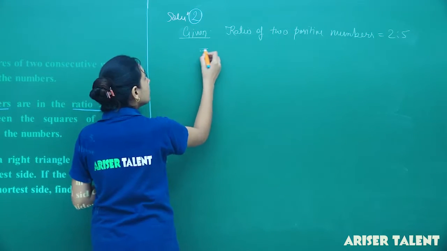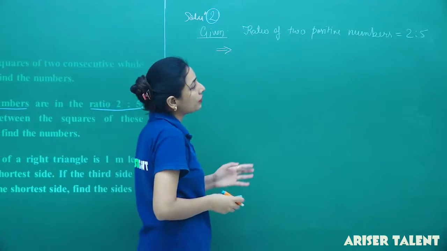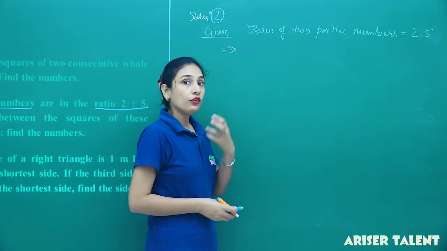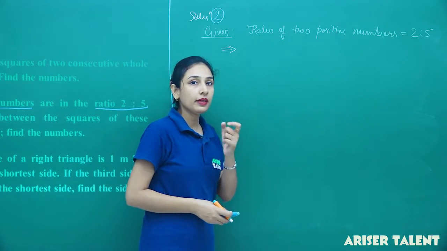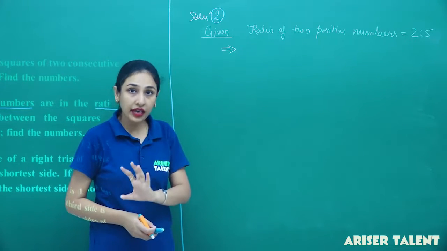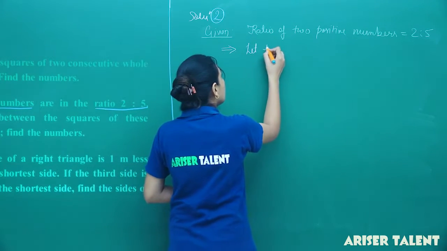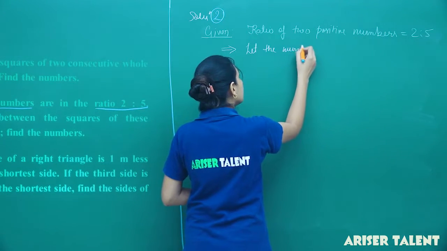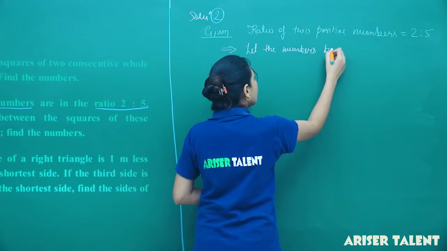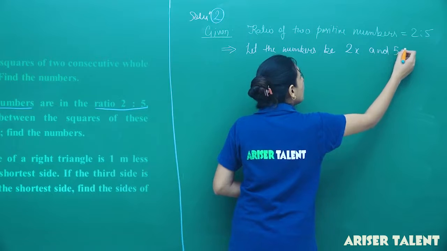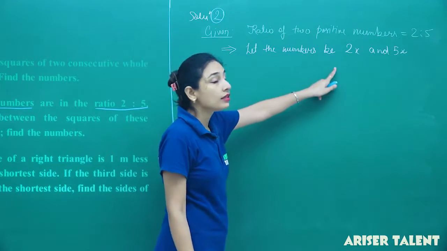What this implies, if the ratio is 2/5, then what will you conclude? The numbers will be 2x and 5x. Let the numbers be 2x and 5x. Why, students? Why have I taken this?